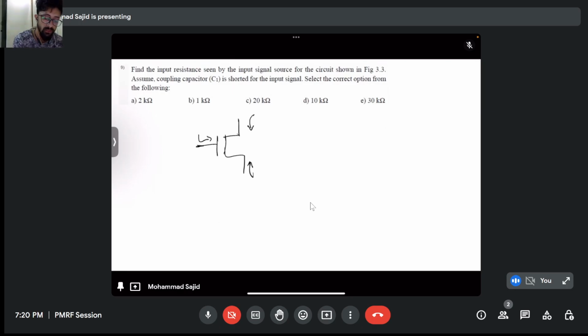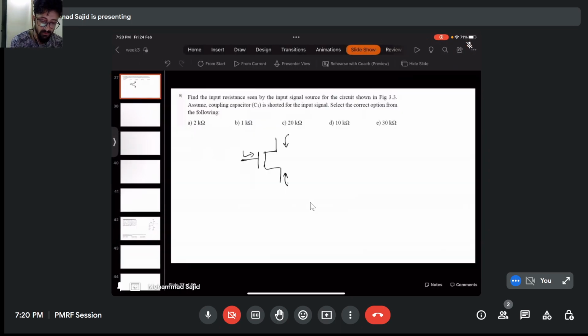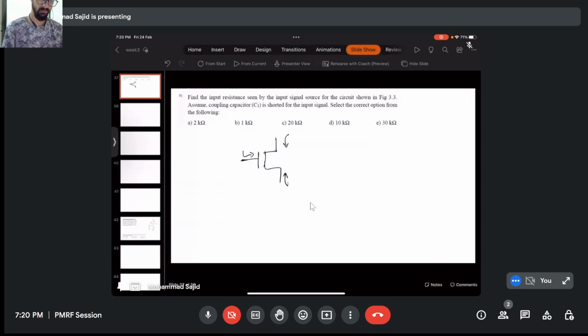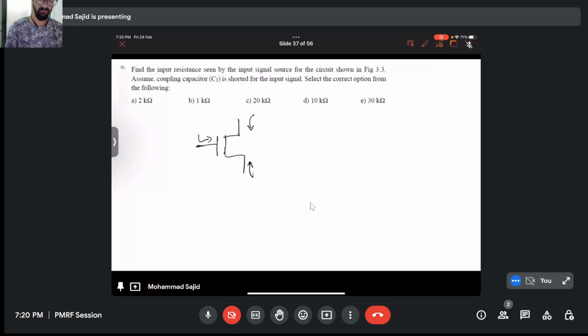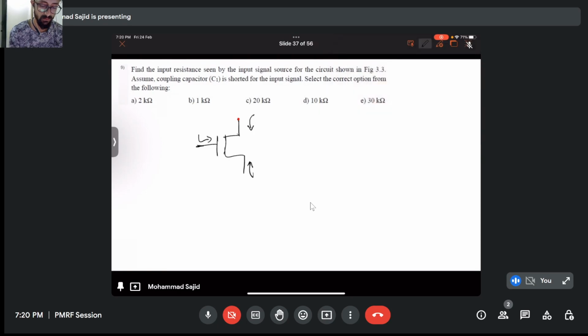Okay, so you can see resistance. What's happening? You can see resistance from, let's say, this is your drain, this is your source, this is your gate.